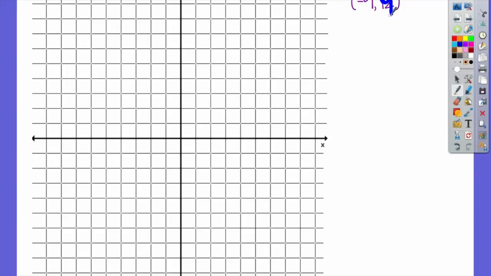So in the very first ordered pair, we're going to plot negative 9, 9. Everybody gets negative 9, right? So that was step 1: plot the point. Now it says drop down a perpendicular. You're going to drop it down to your x-axis.